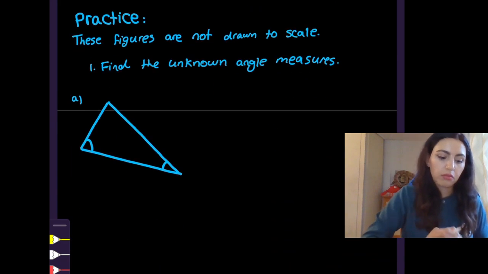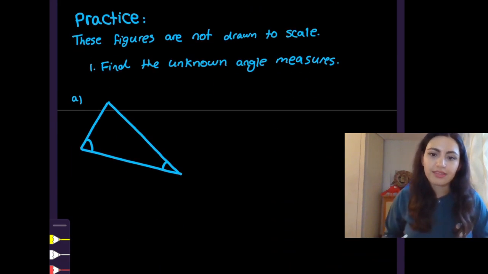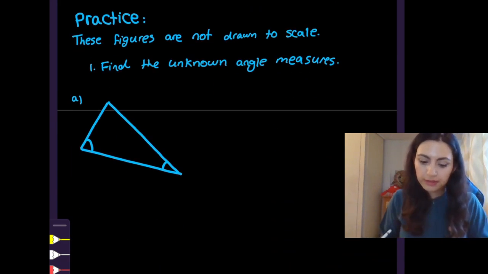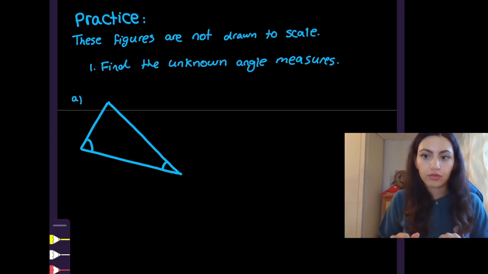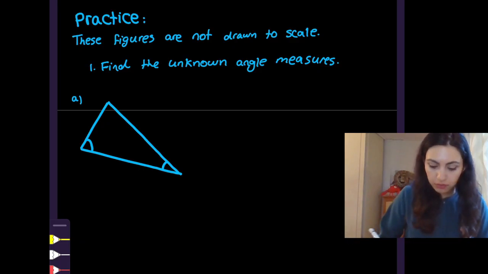We have to do some of the practice questions that are in the book. Practice number 1. These figures are not drawn to scale, which means you cannot use a protractor and measure the angles. You have to use the rules and apply them. The protractor is gone. That chapter is finished. You're not using that anymore. This is just knowing the rules and applying them. Find the unknown angle measures.